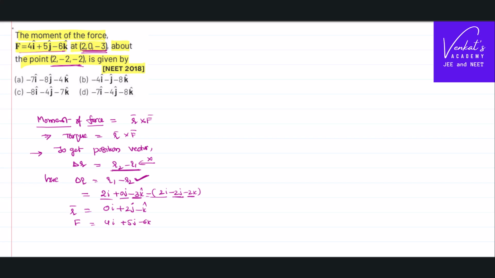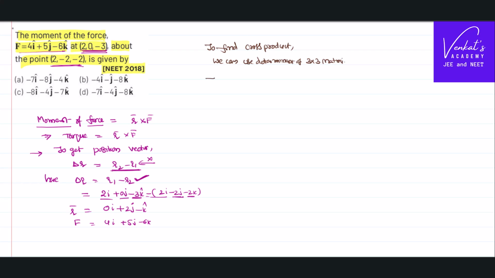To find the cross product, we can use the determinant of a 3 by 3 matrix. I have explained in detail how to do a cross product in the vectors playlist. You can go through that.